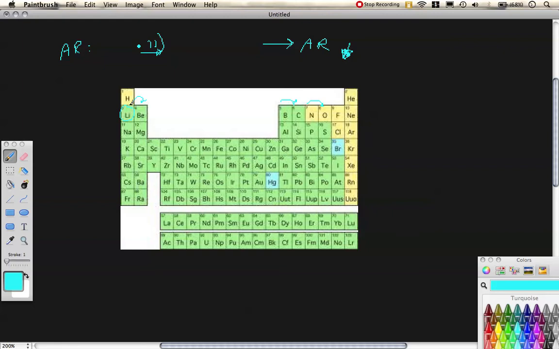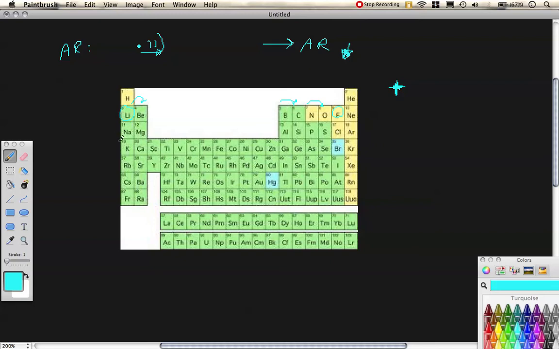So you're adding protons all the time, but the electrons are staying in the same shell. If you increase the core charge, then you increase how many positive protons you've got acting on this atom, and therefore it pulls in the electrons more tightly. So fluorine is going to have a smaller atomic radius than boron, for example.